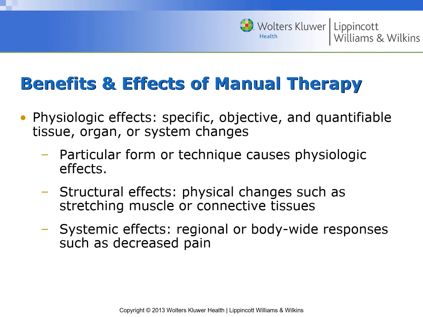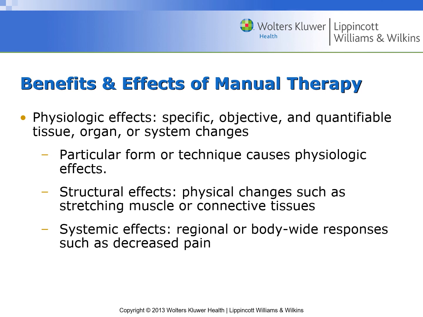So now let's talk about specific benefits and effects of manual therapy from a physiological standpoint. And when we talk about this, we're talking about specific, objective, and quantifiable tissue, organ, and systemic changes. Sometimes a particular technique or form of manual therapy may cause specific physiological effects.